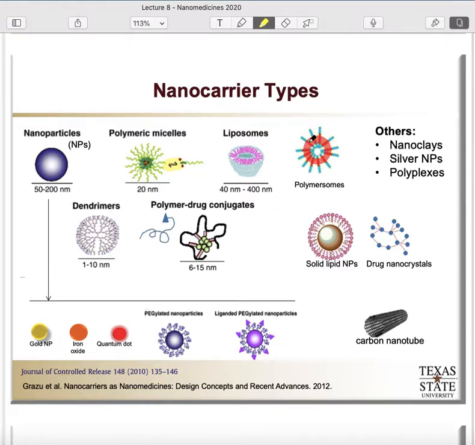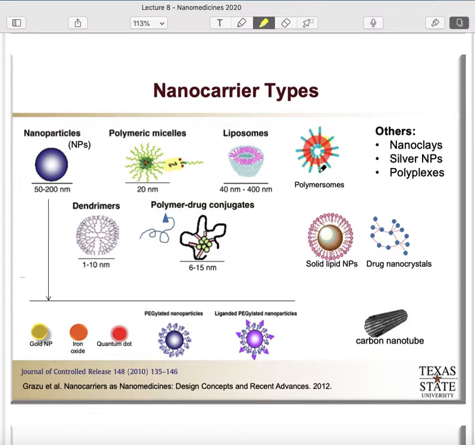Then you have a layer that is hydrophobic, where you could load a hydrophobic drug, and the whole particle is stabilized by the second hydrophilic part of the block copolymer.